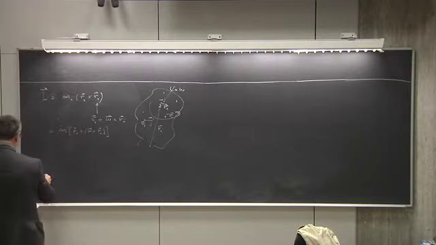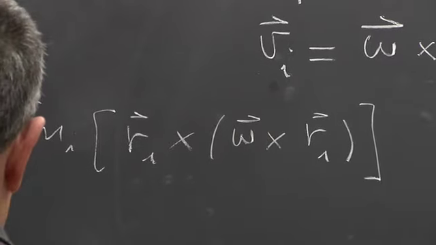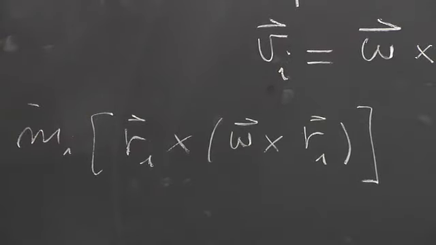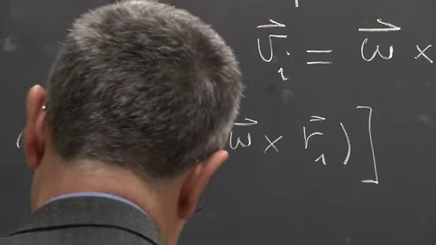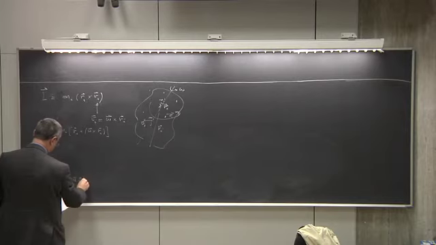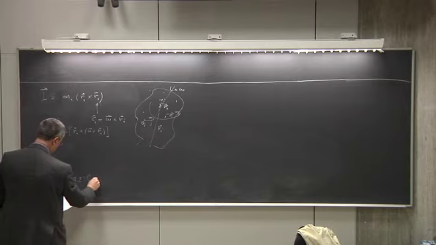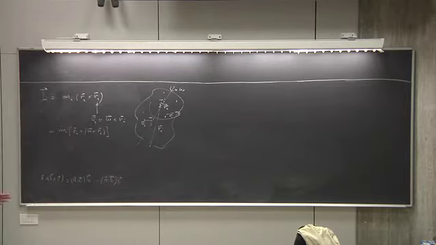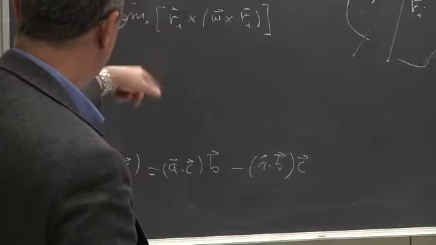And you remember that if you have three vectors, A, B, C, you have A cross B cross C. Do you remember what that is? Yeah, A dot C in the direction B minus A dot B vector C, right? Well, I can never remember, but that's why I wrote it here. But it's in the back of many books.